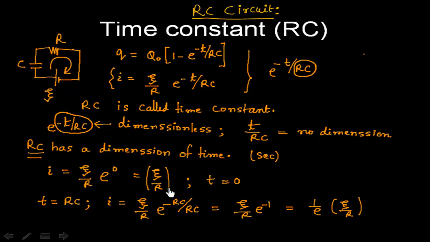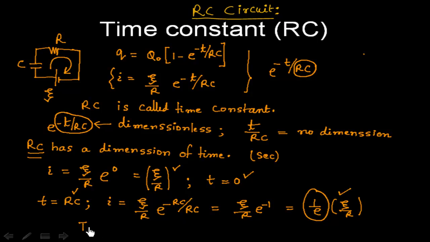So you see, when time is equal to 0, current is xi by R. When time is equal to RC, current is xi by R multiplied by 1 by e. So now we can define the time constant as the time in which the current reduces by a factor of e.